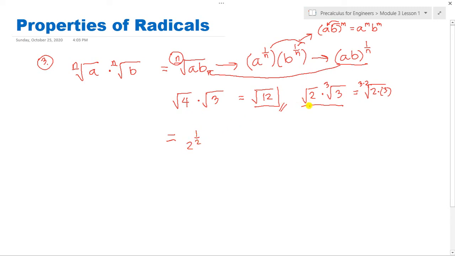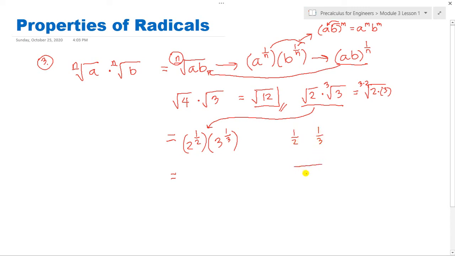So ito na example na to, kina-convert ko siya into exponential form, multiplied by 3 raised to the power of 1/3. So ayan na, 3 raised to the power of 1/3. And then I will find the LCD between 1/2 and 1/3. So, we have here 1/2 and 1/3. So, ano bang LCD nila?